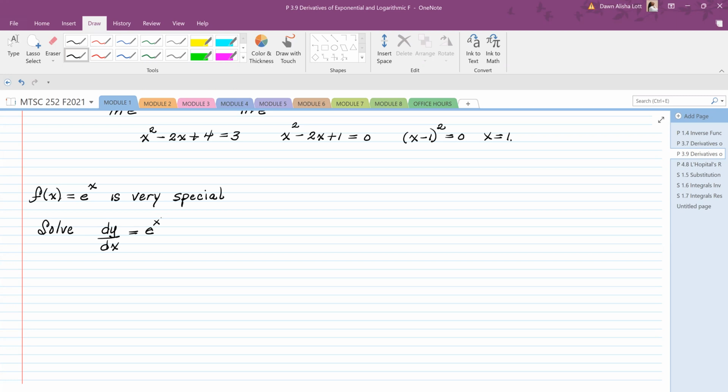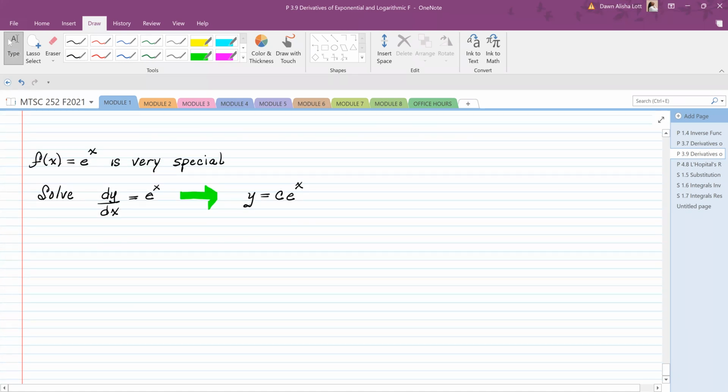I'll prove it to you later when we get to, I'm trying to remember, did you guys learn this yet? No, you did not. Okay. The solution to this is y is equal to some constant times e to the x. Okay. So this is what we get.